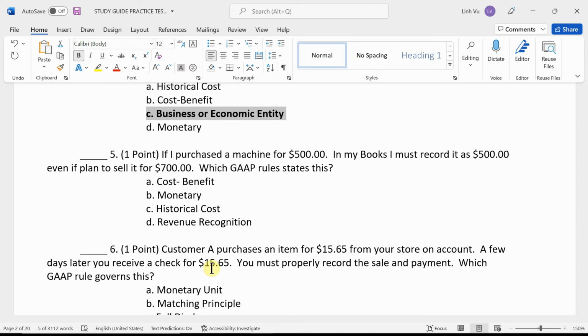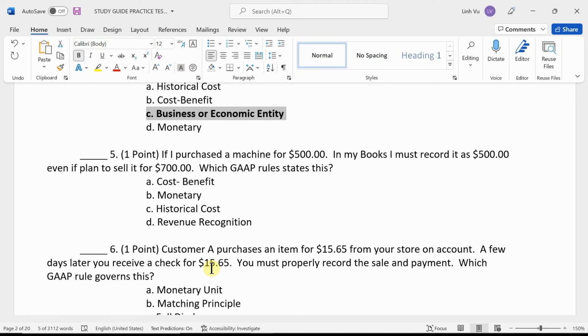When you purchase something, it must be recorded at historical cost, meaning the fair market value the day that you purchased it. If it's going to be in your books, you record it for the price that you paid, which in this case was $500. Even if you plan to sell it for $700 in the future, it must remain $500 in your books until you get rid of it.